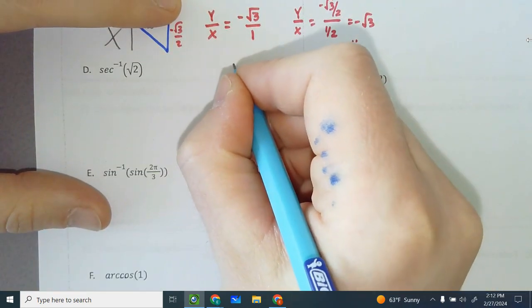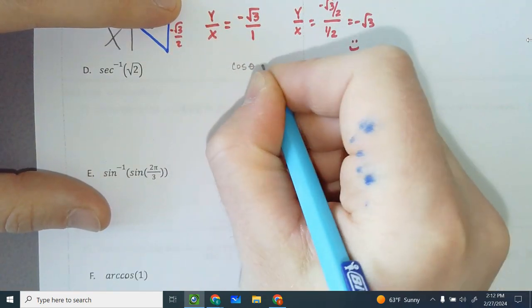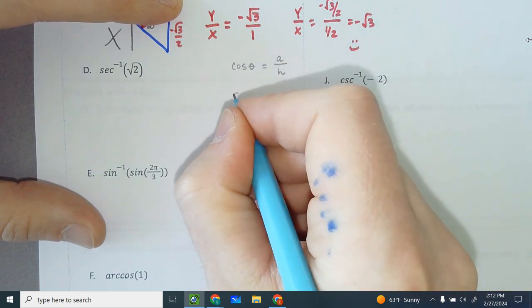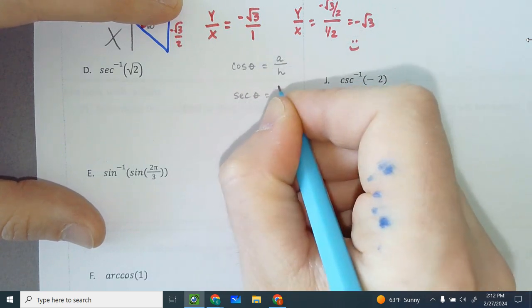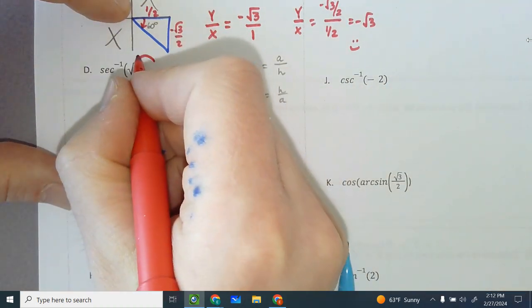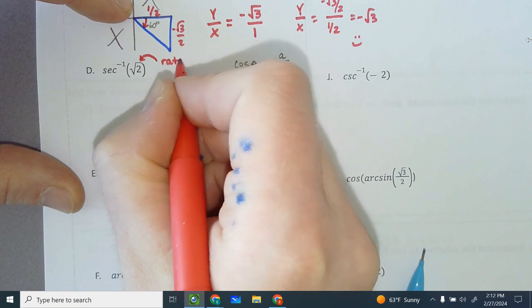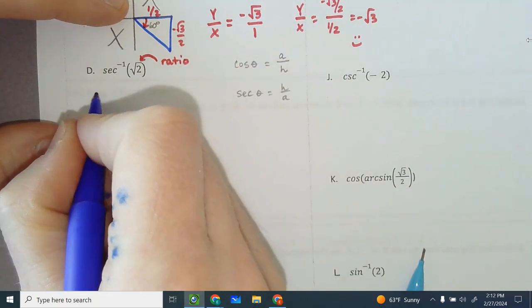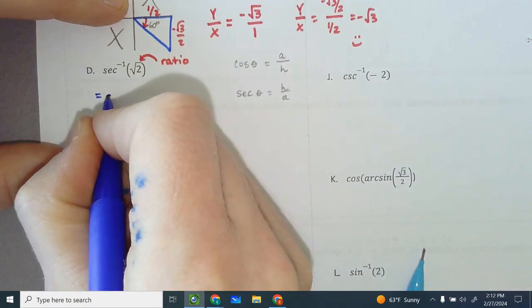For instance, the cosine of an angle is equal to the adjacent over the hypotenuse, and the secant of an angle is equal to the hypotenuse over the adjacent. And we also know that this right here is the ratio. So what you want to do is you want to take that ratio and flip it over.